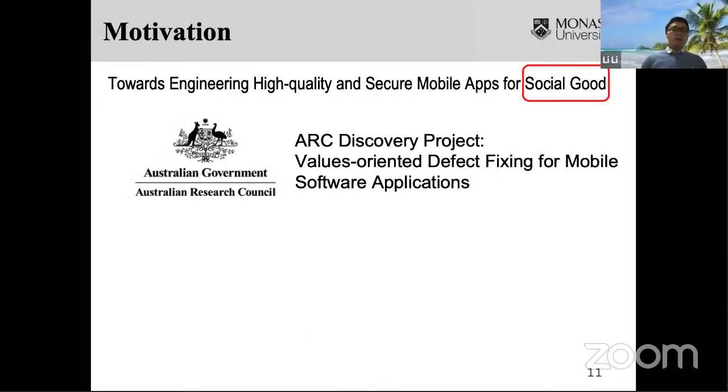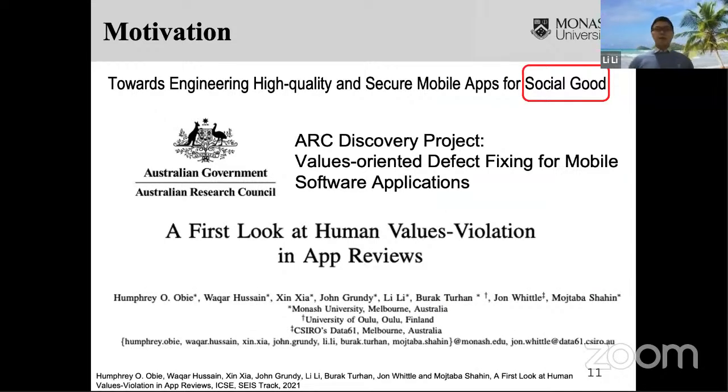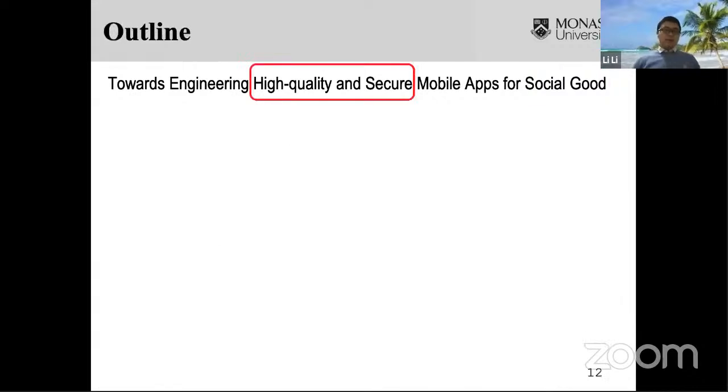With John Grundy, we have actually secured an ARC Discovery Project entitled Values-Oriented Defect Fixing for Mobile Software Applications. We have looked at various different kinds of human values in this direction. One of the examples that we have shared is published at this year's ICSA conference. If you are interested, you can take a look. So that's the second keyword I'm sharing.